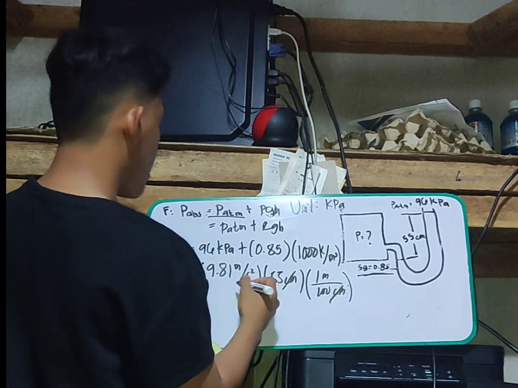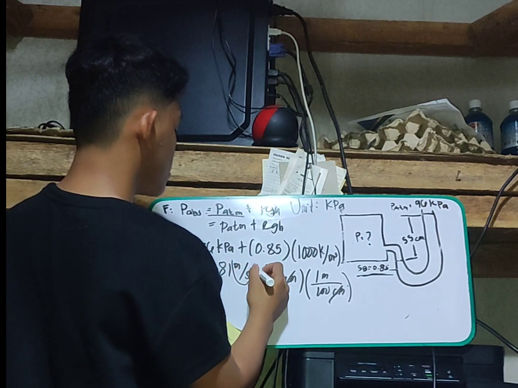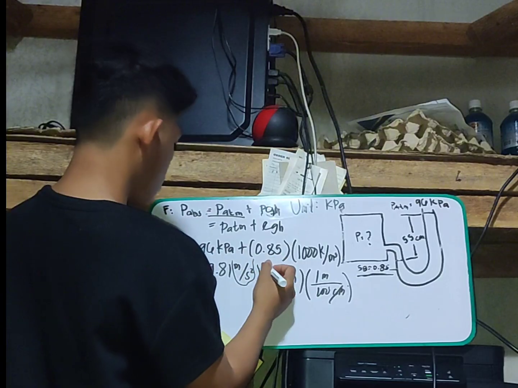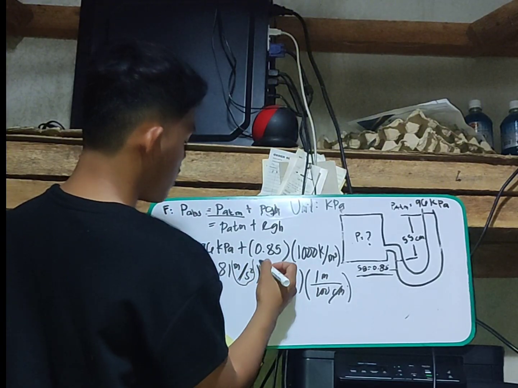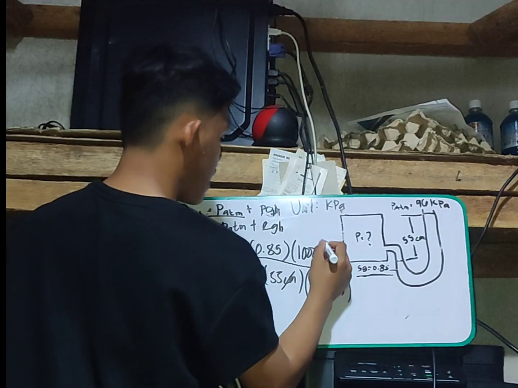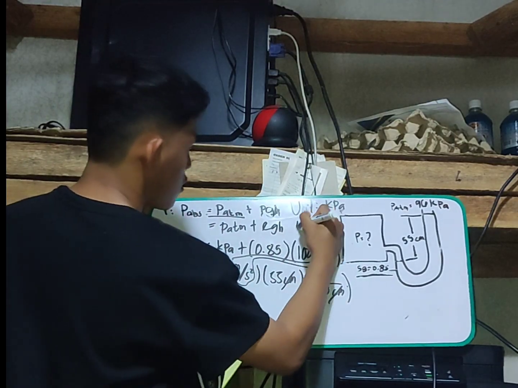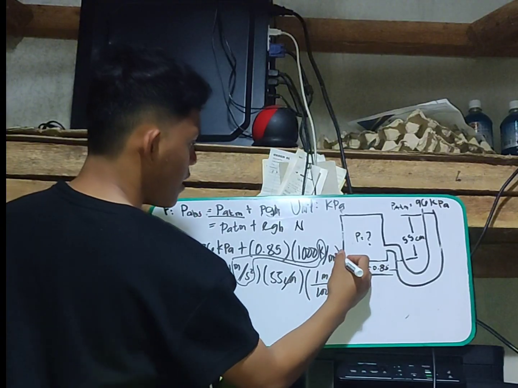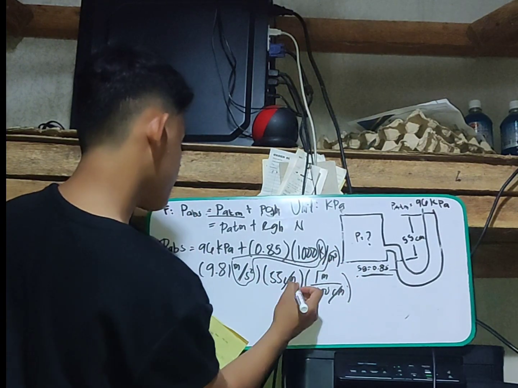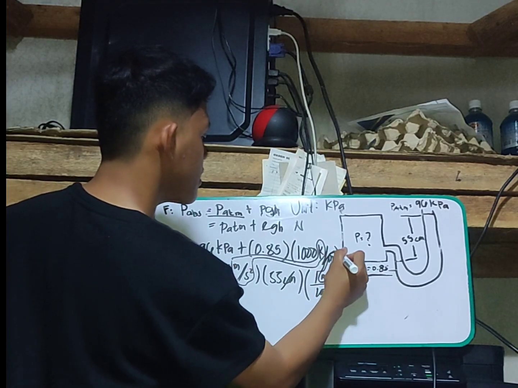Dito guys, we have here the meter over second squared. Tapos, meron tayong kilo dito. It is equal to Newton. And we have here the meter cube and 1 meter.